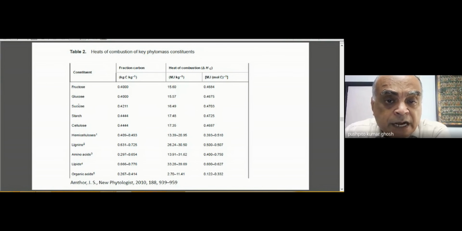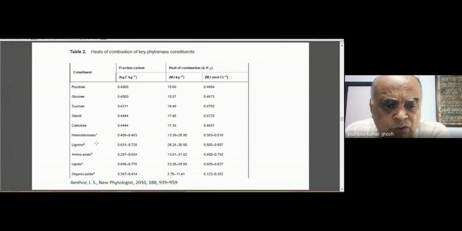Now, if you look at the heat of combustion per kg, fructose, glucose, sucrose are all comparable, between 15 and 17 megajoule per kilogram.